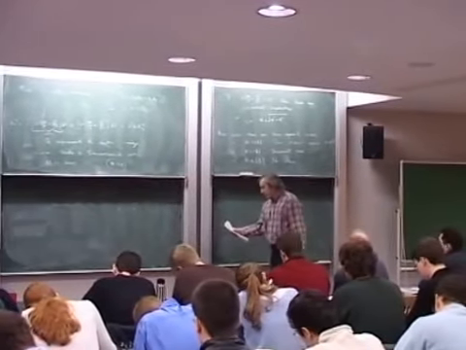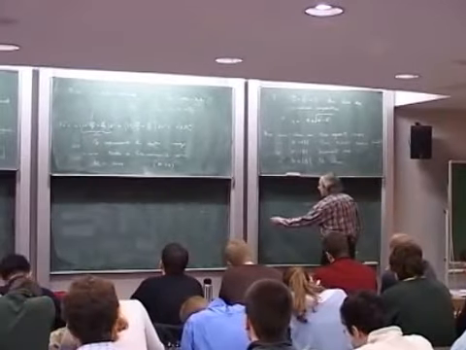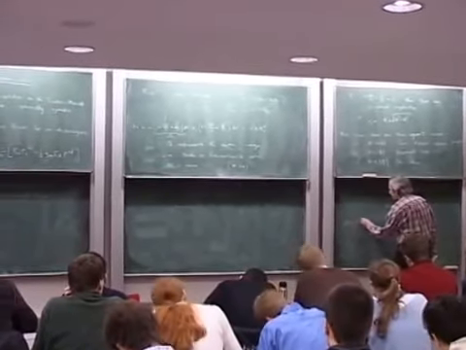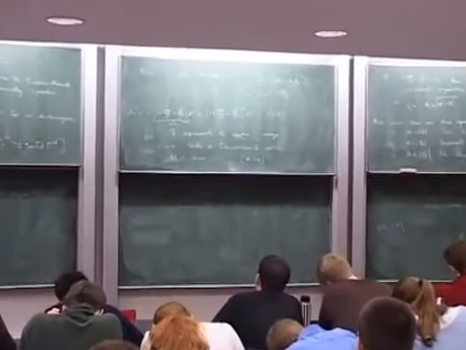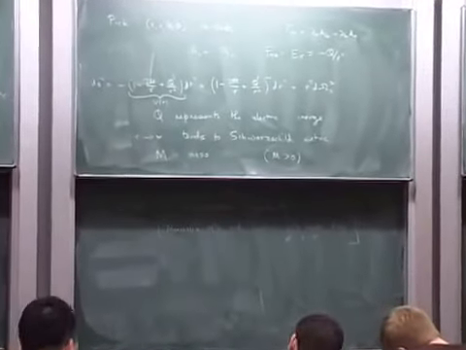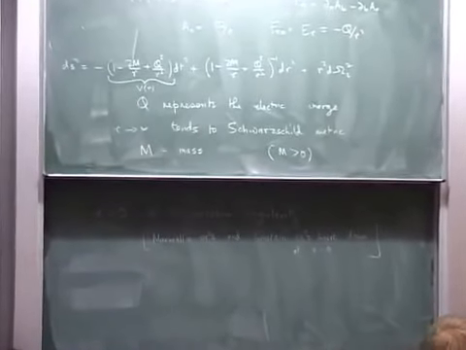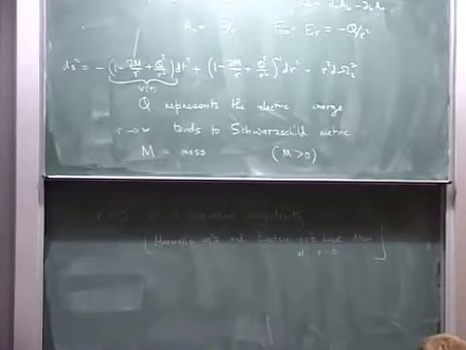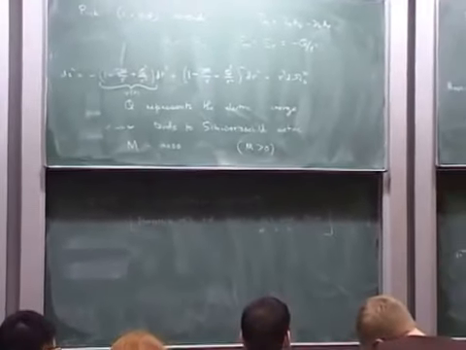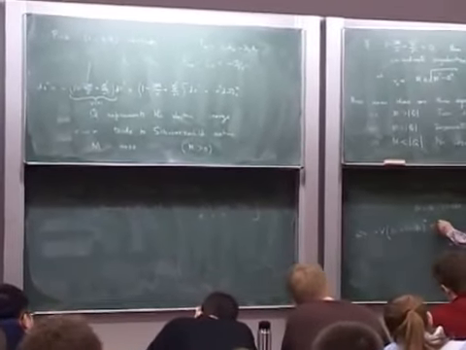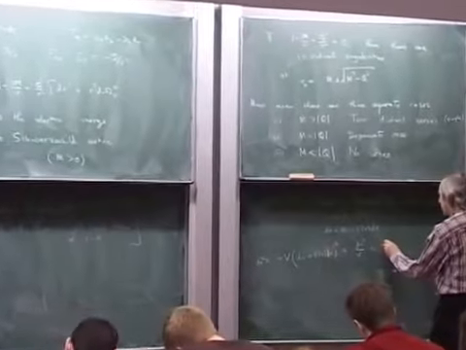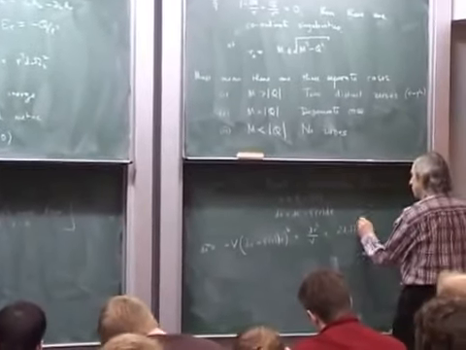Our metric will then become minus v into dt squared, where dt is du plus f prime of r dr, then there's a dr squared over v plus r squared d omega squared.